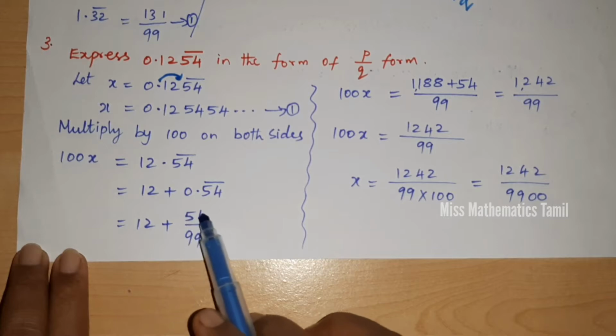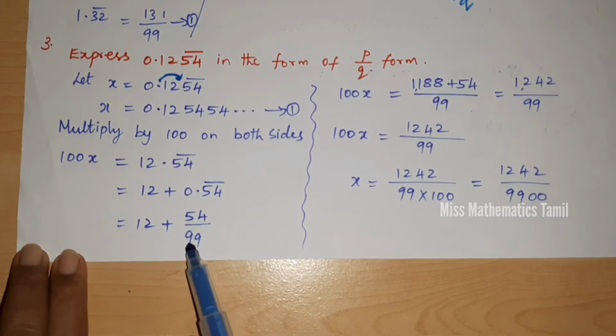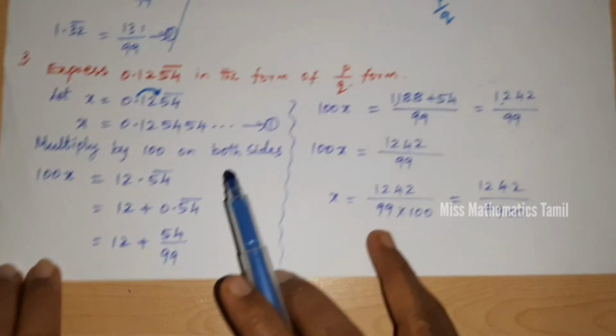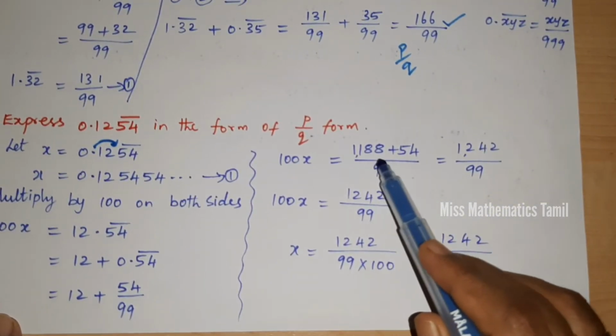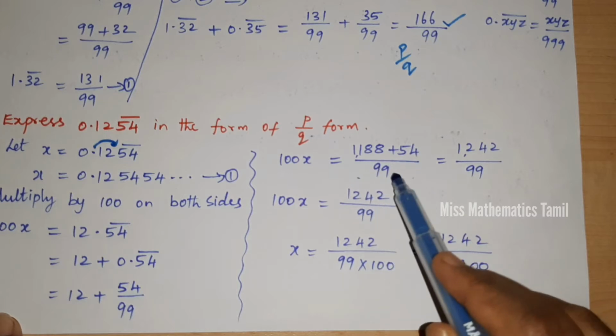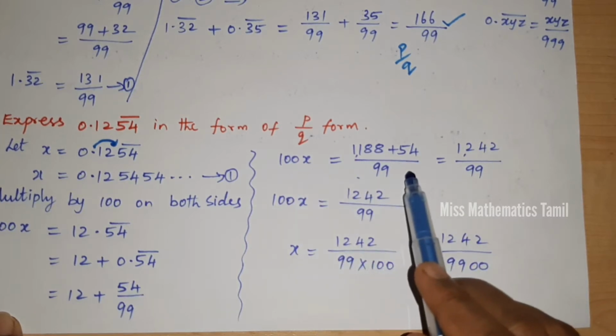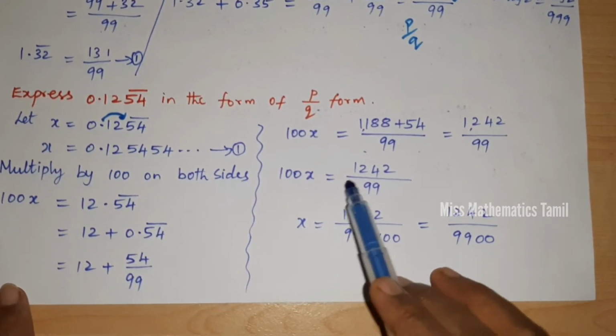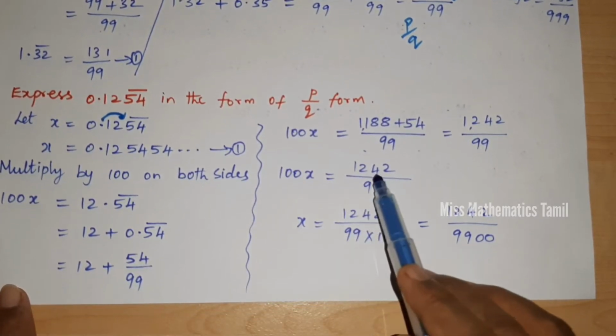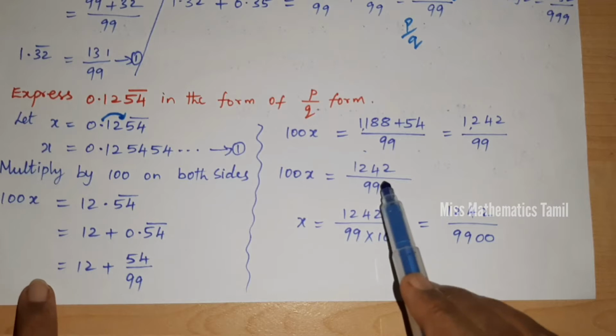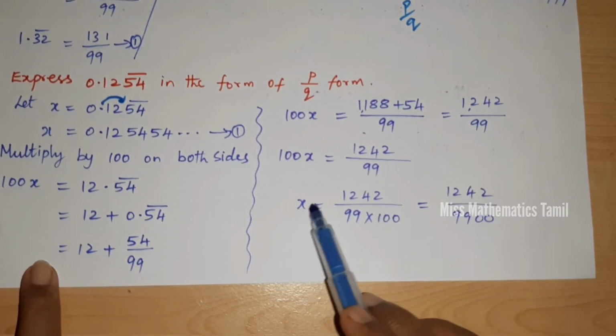So I am writing 54 divided by 99, 9 two times. Cross multiply here: 1188 plus 54 divided by 99. 100x is equal to 1242 divided by 99.